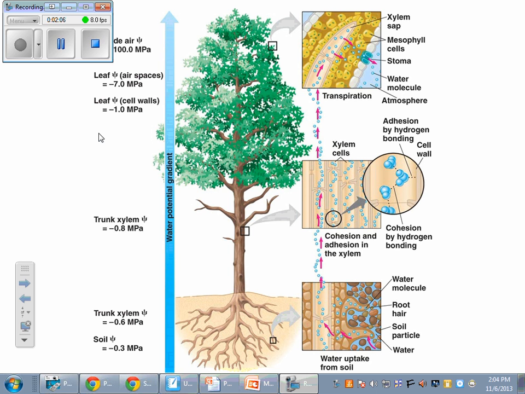The xylem part of the system was designed to move the water. And this is all based on creating what's called transpirational pull. Transpirational pull is created by a negative pressure. And we create that negative pressure by creating a gradient between what? Atmosphere and soil.